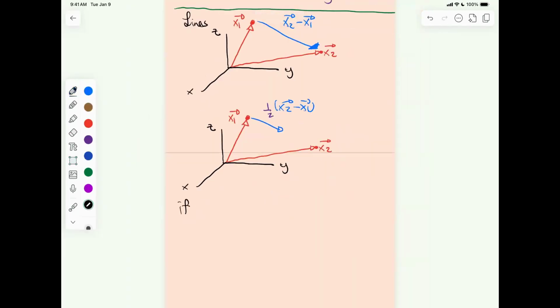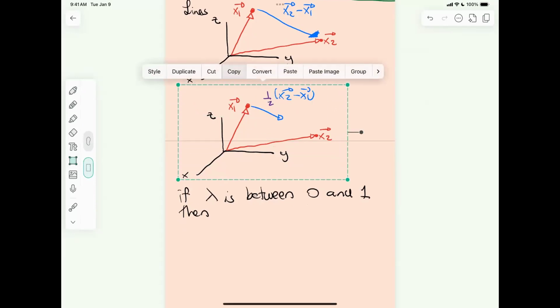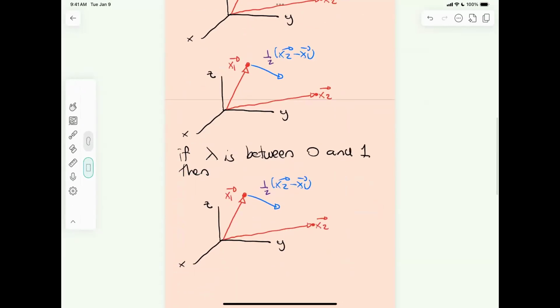If lambda is between 0 and 1, how does the vector look? Then lambda times x2 minus x1 looks like this.